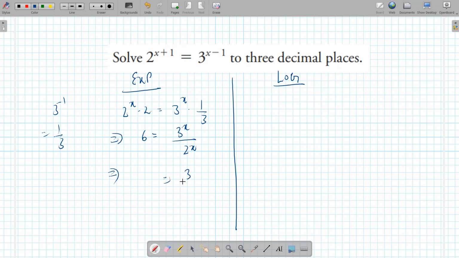Here, 3 over 2. Can I combine them? They both have an exponent of x. Am I allowed to combine them? Yes. Same thing as a square root thing. You're allowed to combine them. Now what do you do in the next step?